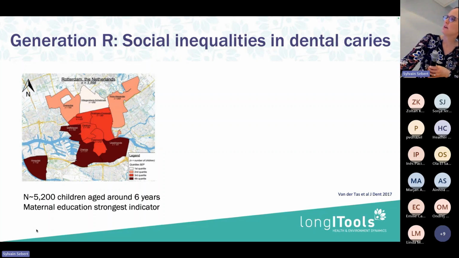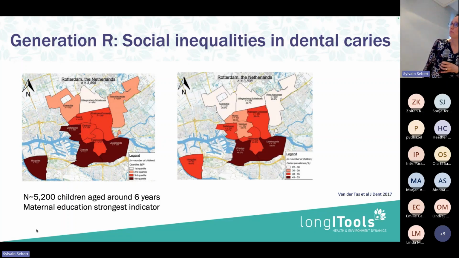Now, a very simple exercise that our jaw surgery colleagues have done is just count the number of children that have cavities, so dental caries. And that's the same map, just colored for dental caries. And you see that it's pretty much, I don't want to say a one-to-one overlap, but you can see the similarities between the two maps.